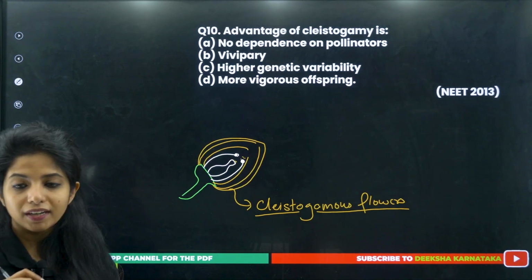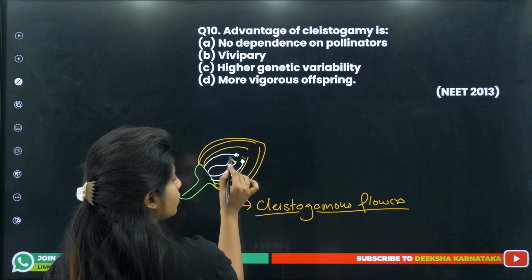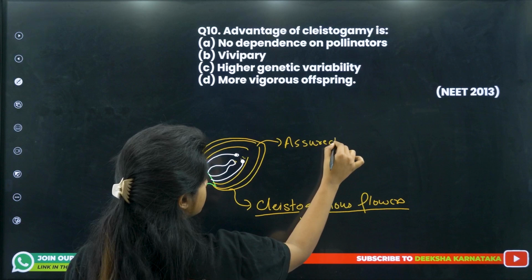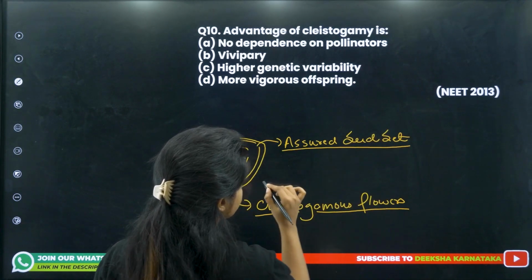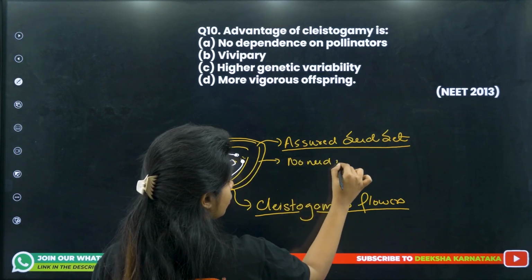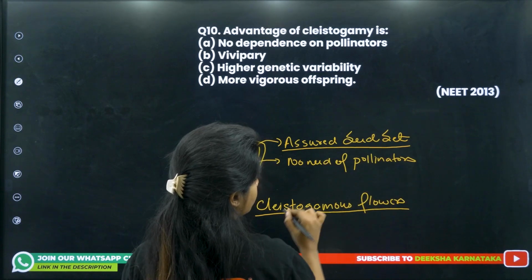No, you do not need pollinators. Every time you can assure that pollination will happen from here to here. That means I can expect assured seed set. I can be sure that there will be seeds being produced. No need of pollinators. And what?